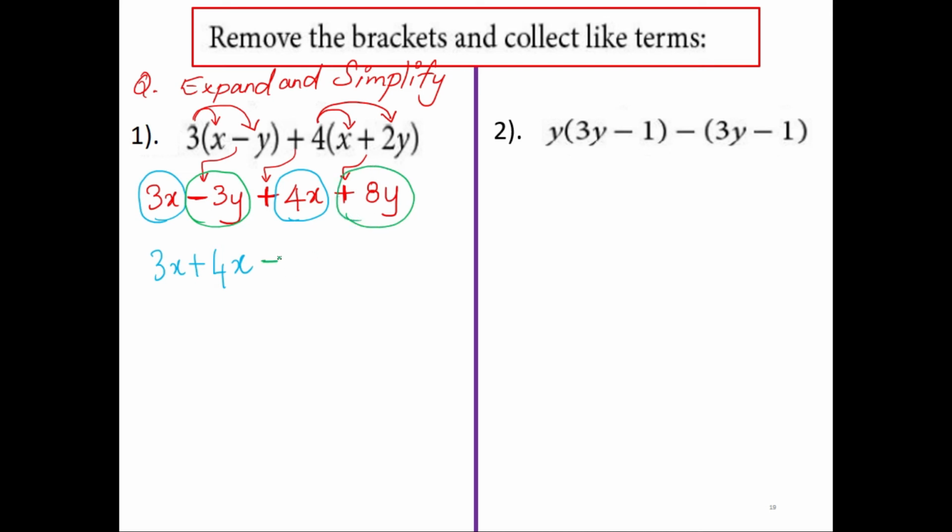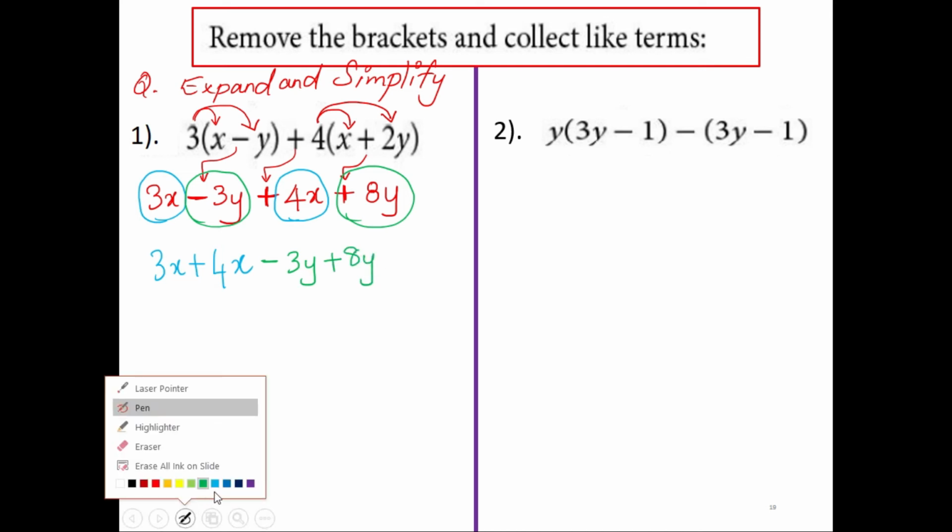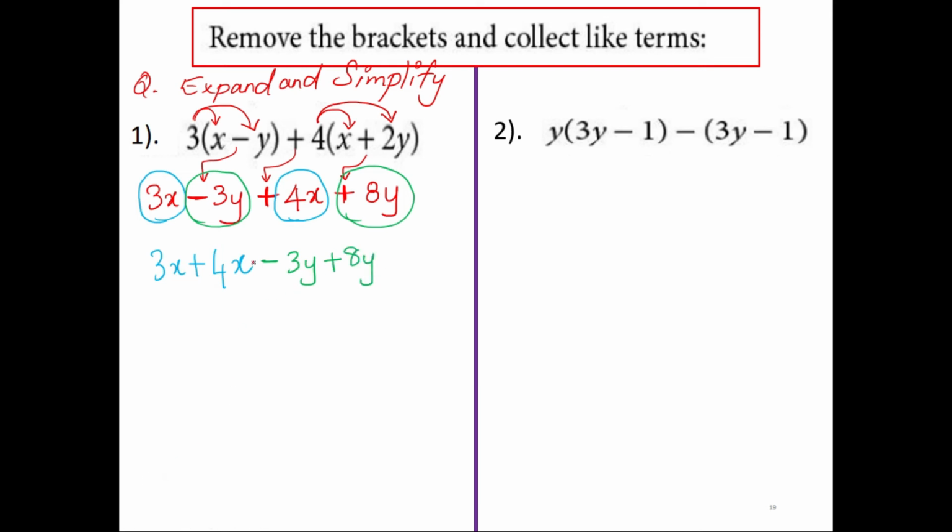So let me write minus 3y plus 8y. I have just rearranged the terms so that you can see the like terms coming together. So 3x plus 4x gives you 7x, and minus 3 plus 8 is going to be plus 5y. So this is your final answer.